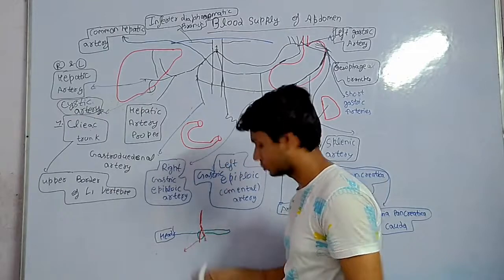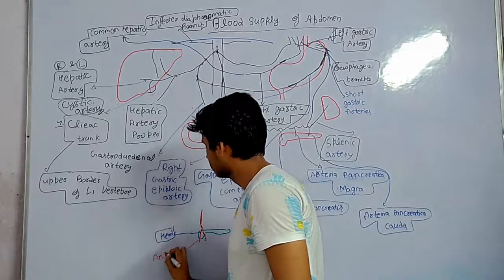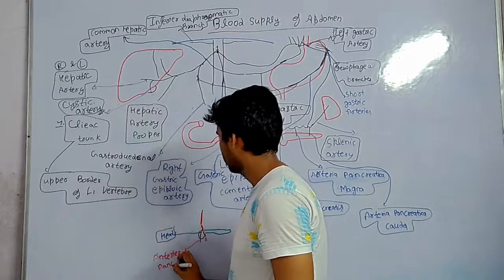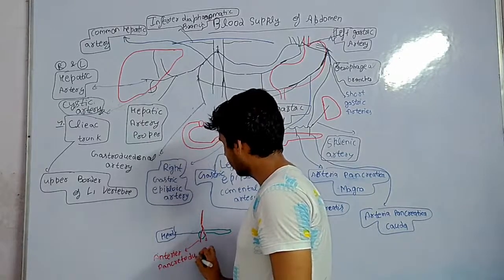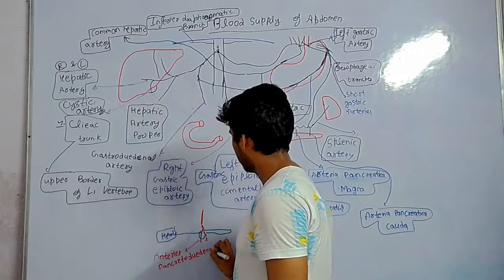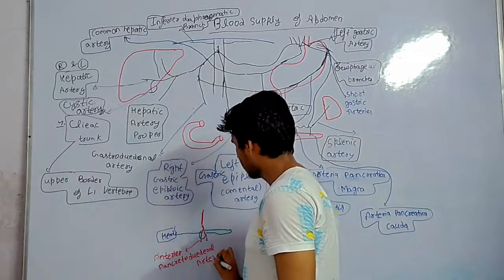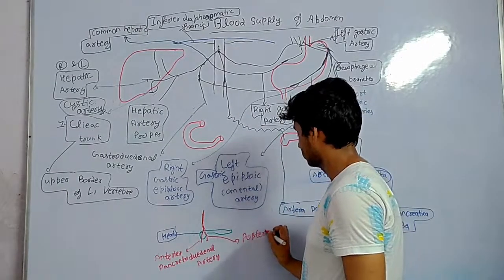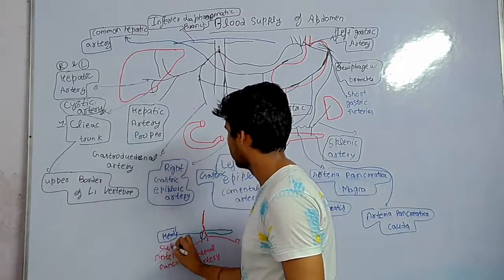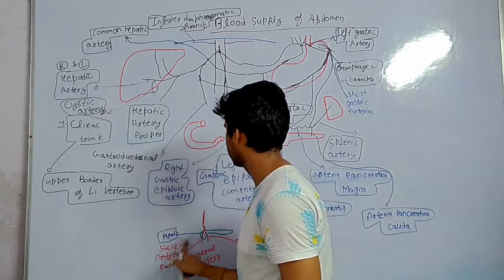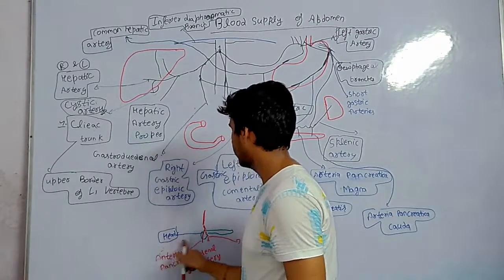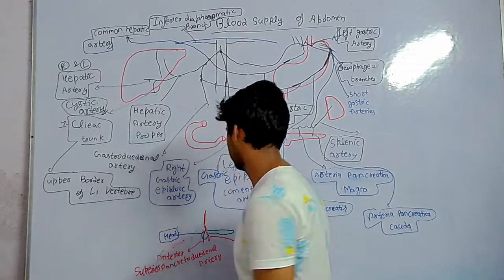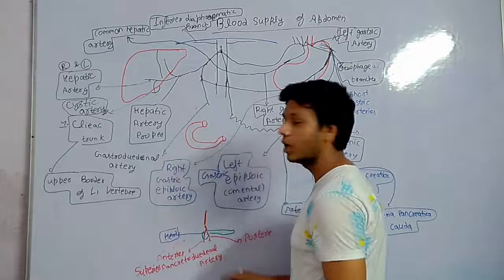This is called the anterior superior pancreatoduodenal artery, and the posterior branch is called the posterior superior pancreatoduodenal artery. Superior is also an important word: anterior superior and posterior superior pancreatoduodenal artery.